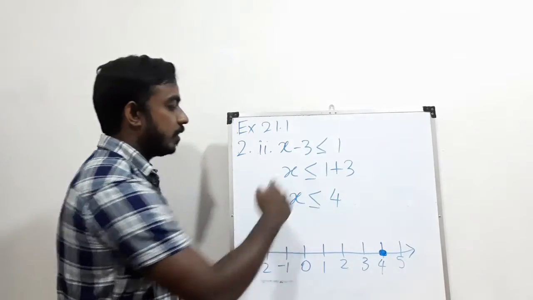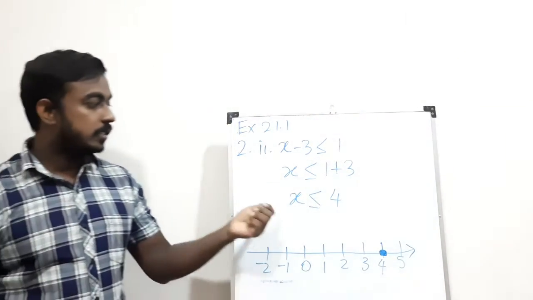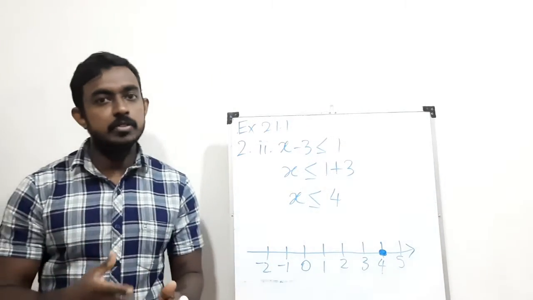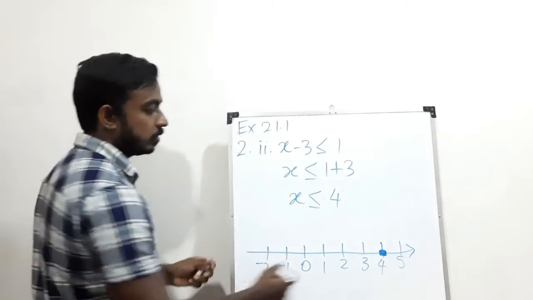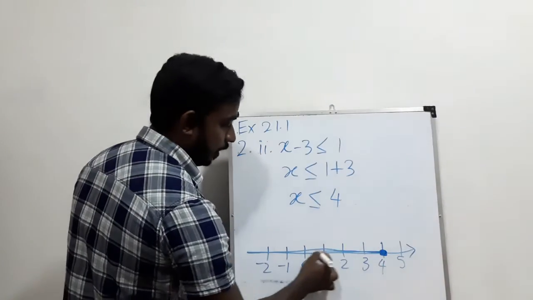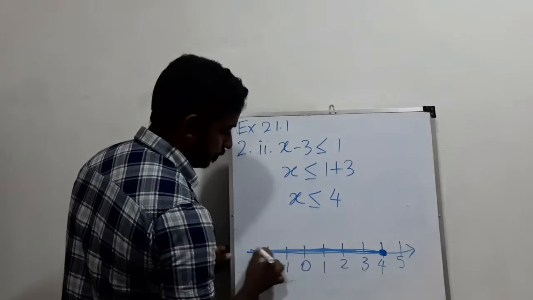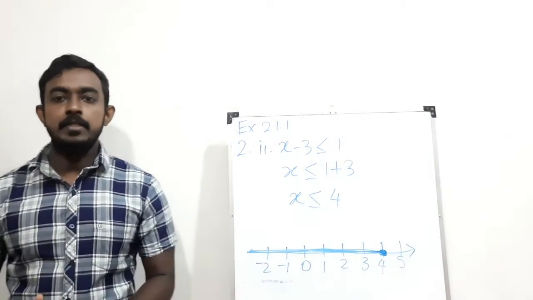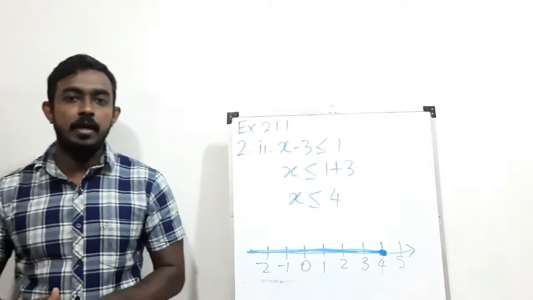Then thereafter we can read the inequality. X is less than 4. So you know, my dear children, the less values are on the left side. So we can shade the left side now on a number line. So this is how to represent the solution set on a number line.